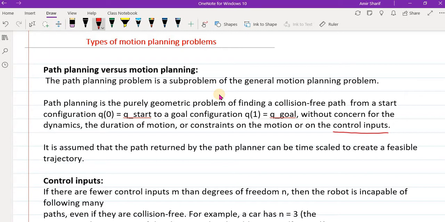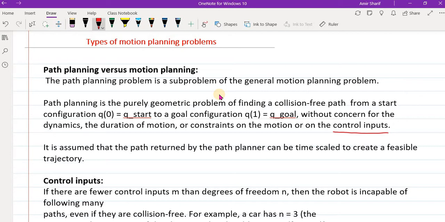So we talk about which joint should exert how much force. In motion planning we talk about the control inputs and dynamics, but in path planning we just focus on the path which is not in collision with the obstacles and leads from the start to the goal position.